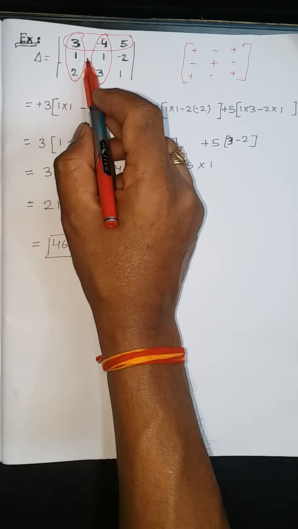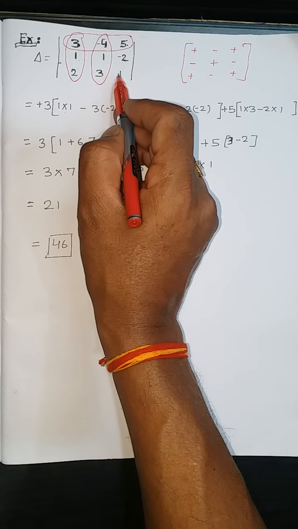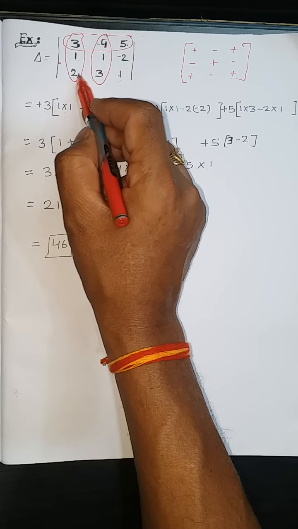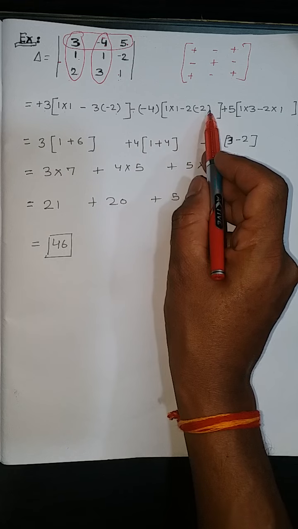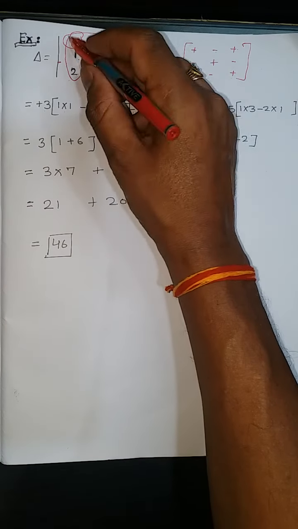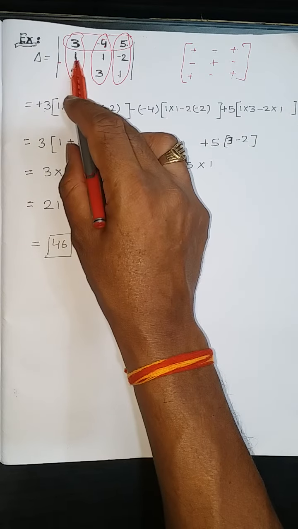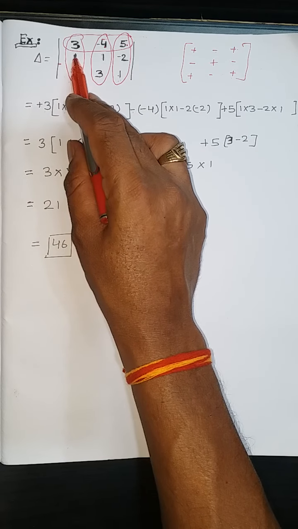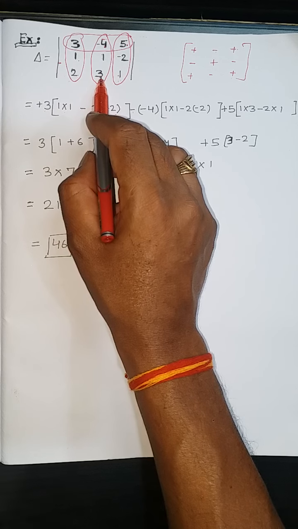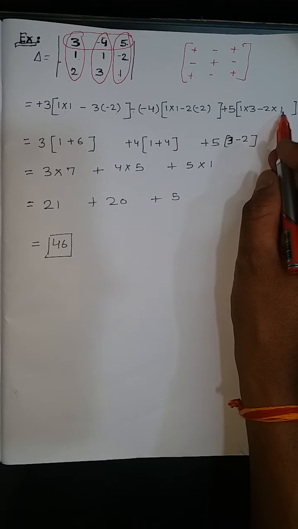So cross multiply the values, 1 into 1 minus 2 into -2. Leaving this row and the column of 5, we are left with these 4 numbers. Cross multiply the values, 1 into 3 minus 1 into 2.